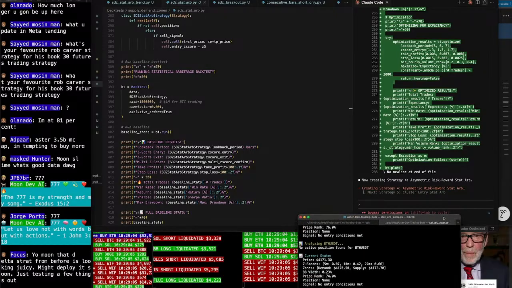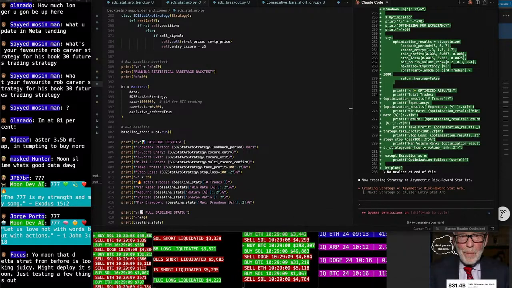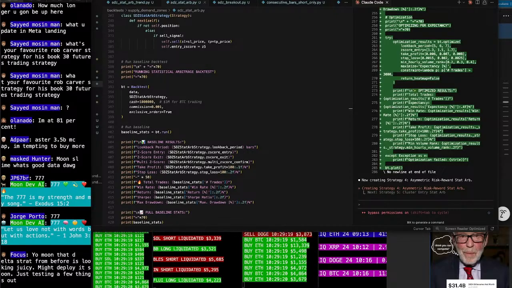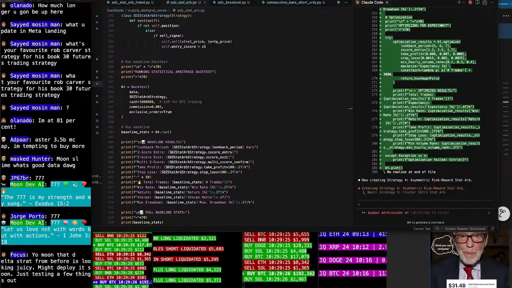So this is better than expected, because I don't want it trading a million times a day. I mean, if it was profitable a million times a day, of course, but I'm still unsure of the profits here.